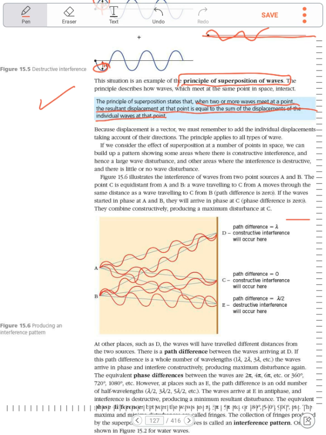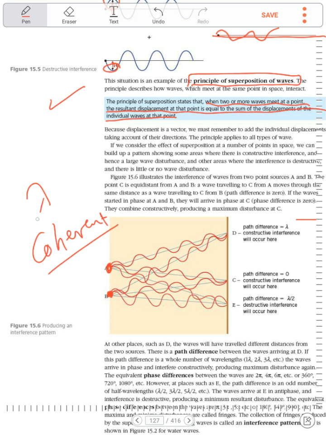Now, if we have two sources of light, this is source number 1 and source number 2, and the sources are coherent. Coherent means they have the same wavelength, same frequency, same amplitude. Same wave. And the rays go from this and from this, and they meet at this point.